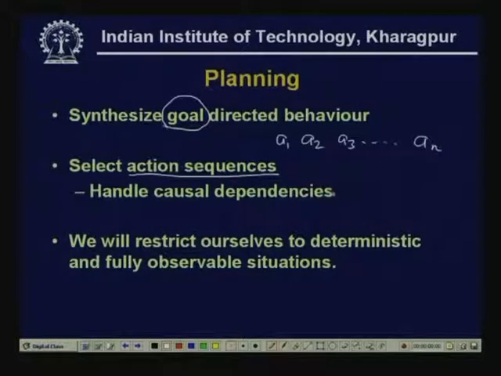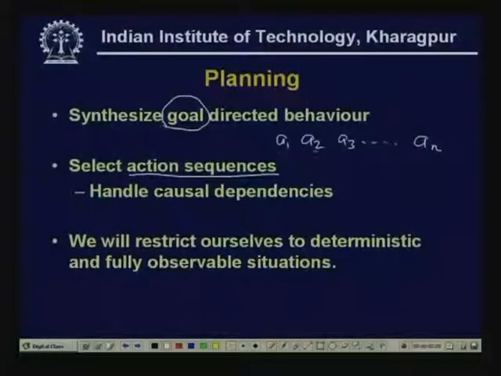And as I mentioned, for today's class and for our planning lectures, we will primarily restrict ourselves to deterministic and fully observable environments. There are other types of planning problems where the environment may be stochastic, the environment may be only partially observable, the actions may have non-deterministic effects, and in such situations, in a stochastic environment, it may not be possible, or it may not be the best situation for the agent to plan a sequence of actions.